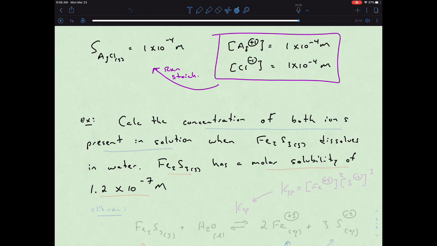In this particular question, we want to do something similar to what we did earlier with silver chloride.